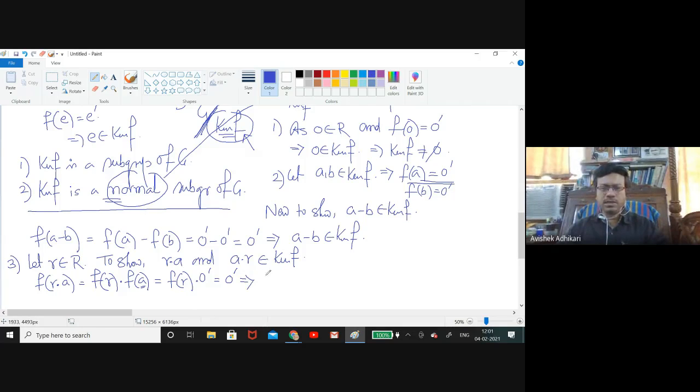That implies ra belongs to ker F. Similarly, ar belongs to ker F. So altogether, satisfying all these properties 1, 2, and 3, you can say that ker F is an ideal of R. So we are done.